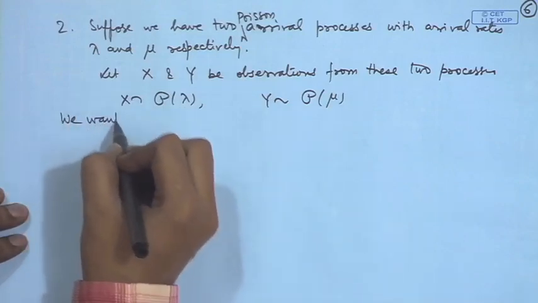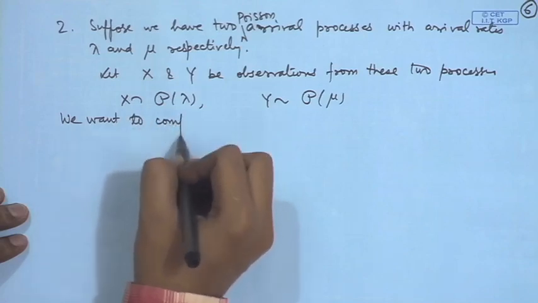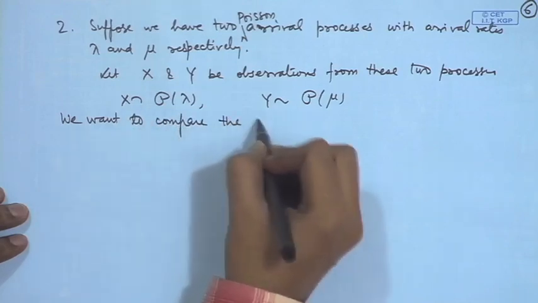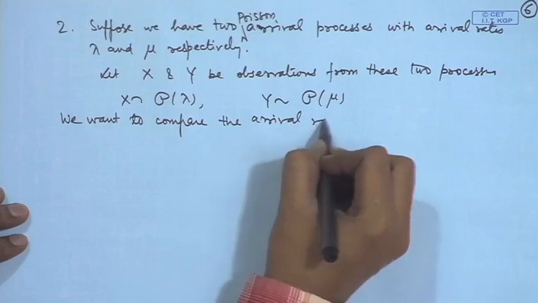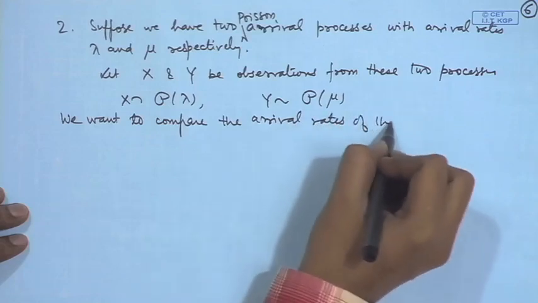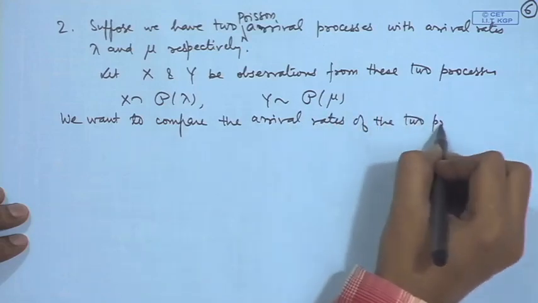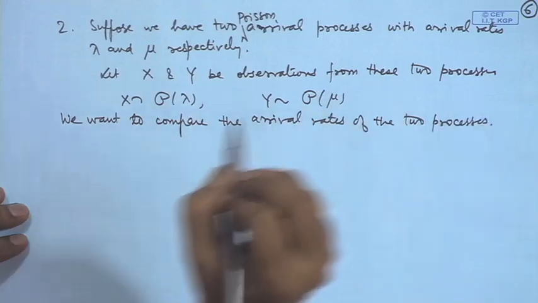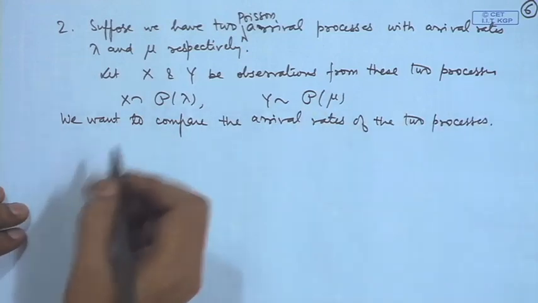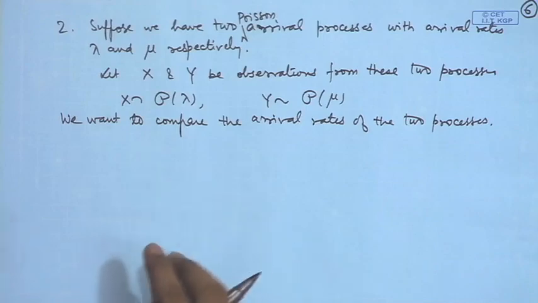We want to compare the arrival rates of the two processes. So, we will show here again that we can put up the problem in a multi-parameter exponential family, and then we can simplify the things.